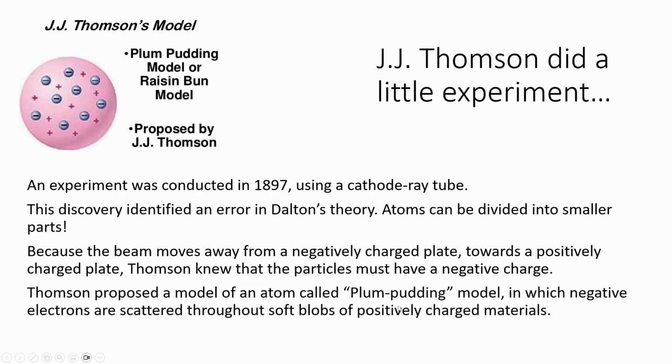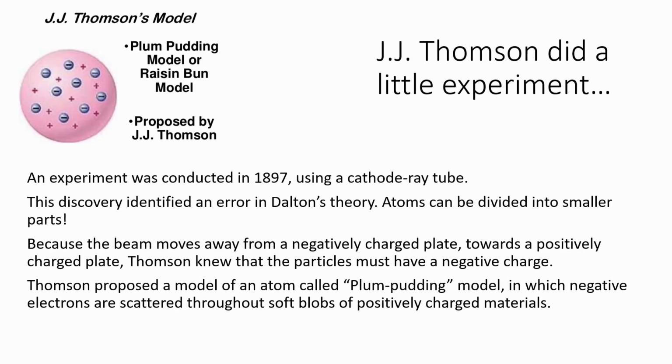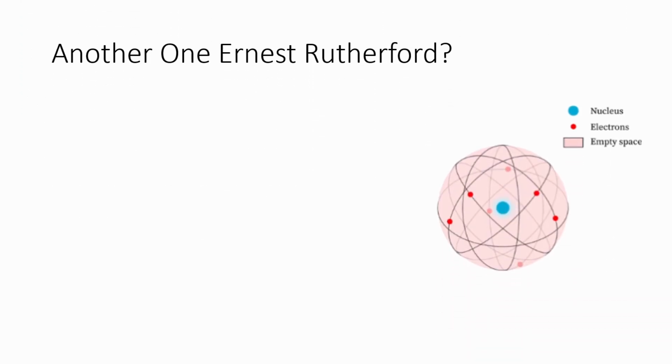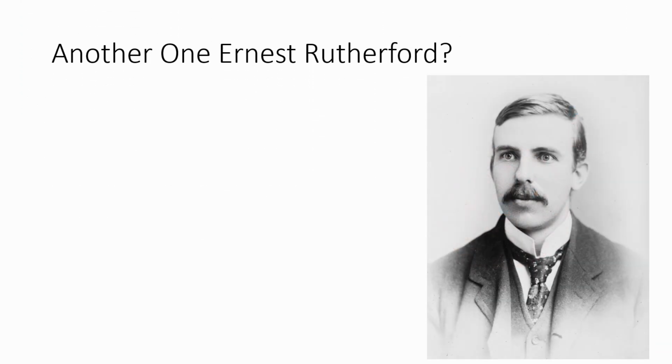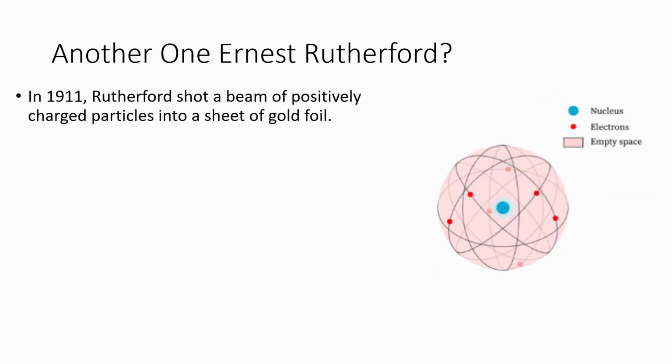So he proposed something called the plum pudding model, which is negative electrons scattered through this soft blob of positively charged material. Then Ernest Rutherford took it one step further.